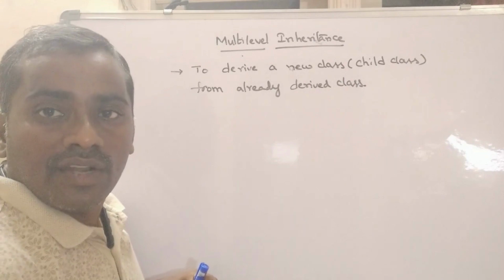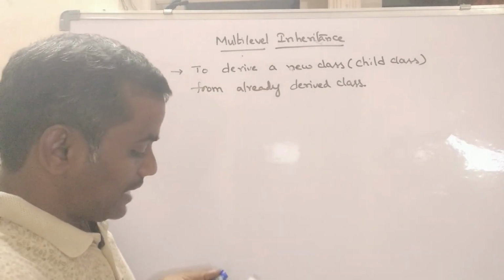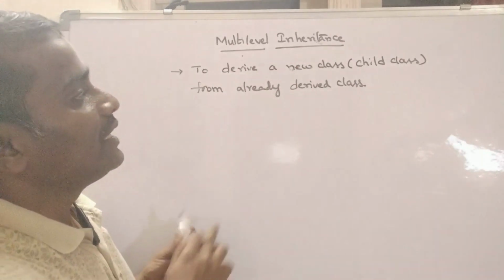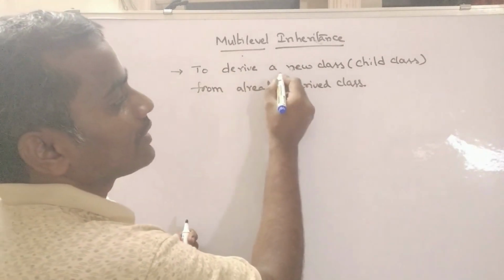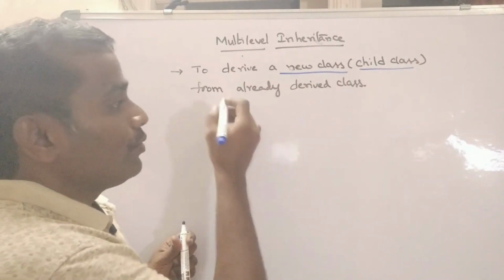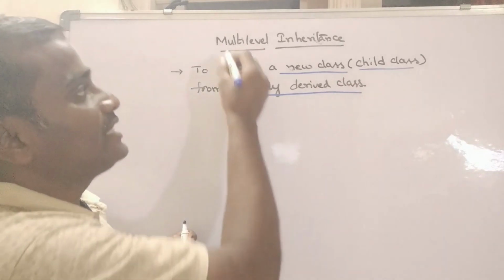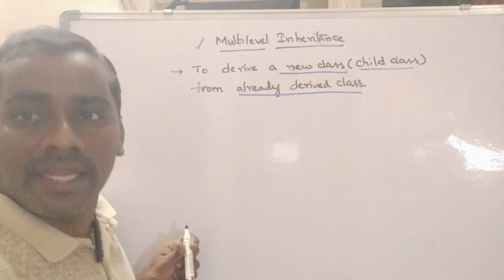We can derive a new class, that is a child class, from already derived classes. That is called multi-level inheritance.